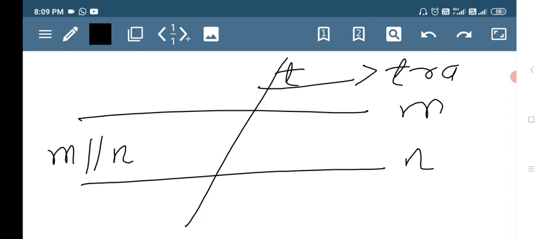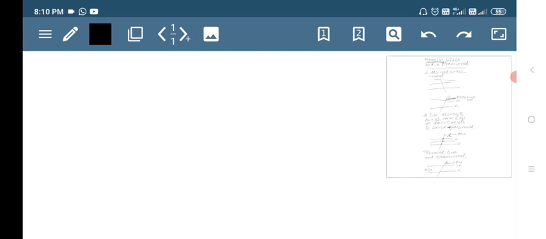Let us see that. Here I am referring to angles, the types of angles and their behavior among themselves because of a transversal. Let us see.